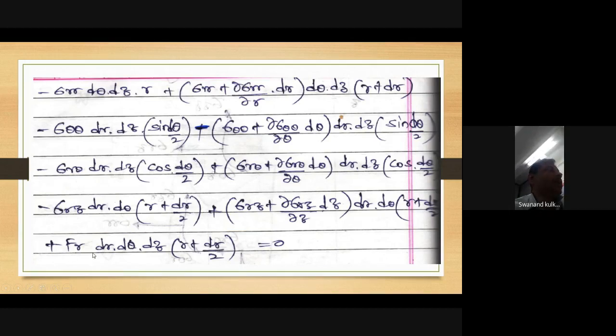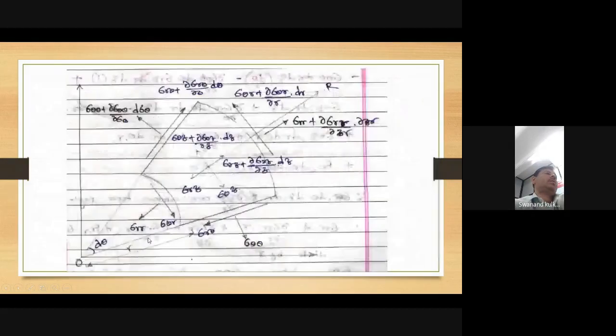This FR dr d theta dz in bracket r plus dr by 2 represents the body force, and the other 8 components are considered to be surface forces. So this total derivation consists of 8 surface forces and 1 body force.